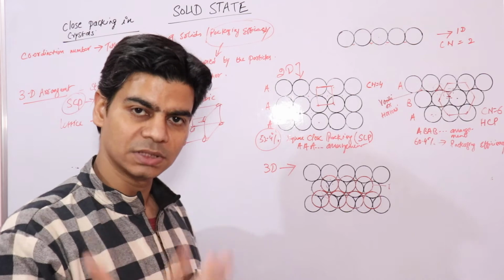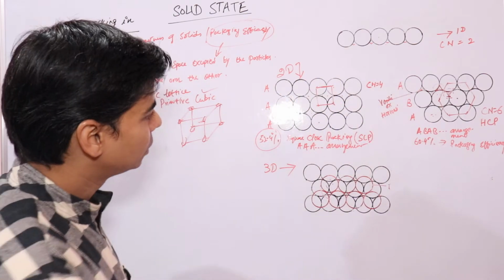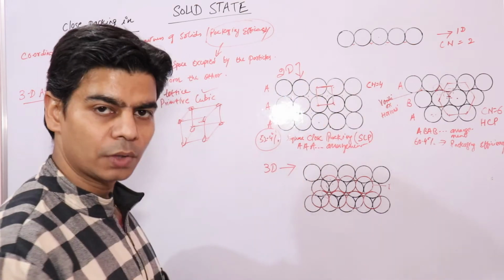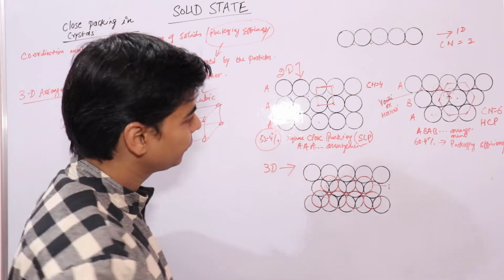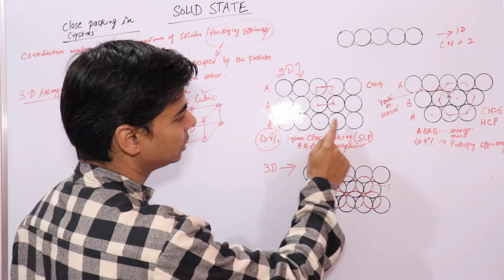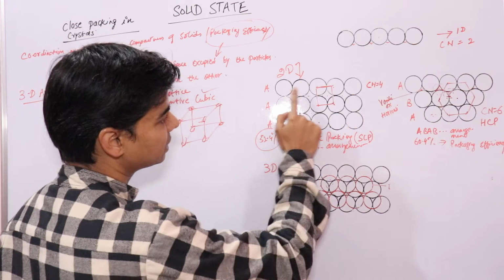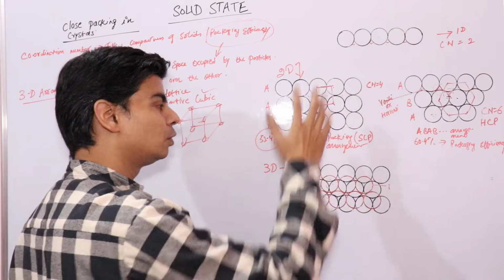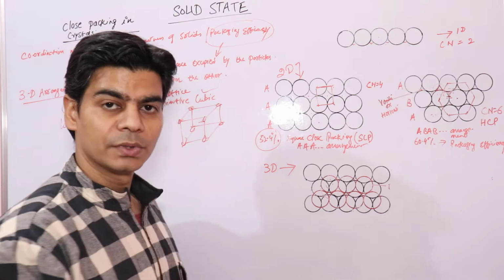We take the second layer and stack or put it on the first layer. So in square close packing, when we put the second layer onto the first layer, the spheres of the second layer will be aligned with the spheres in the first layer.